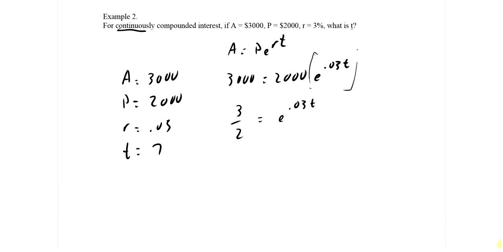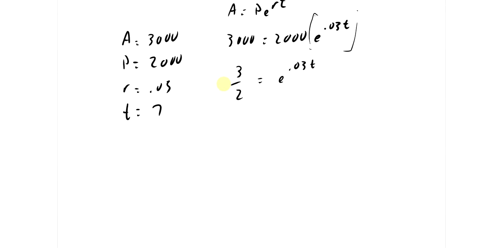Great. So 3 halves, that's 1.5. So we'll just write that as 1.5. Now I can take the log of both sides. Natural logarithm of 1.5 is natural logarithm of e to the 0.03t. One of the things we saw on the worksheet was that log of e to the 0.03t, that's just the exponent.